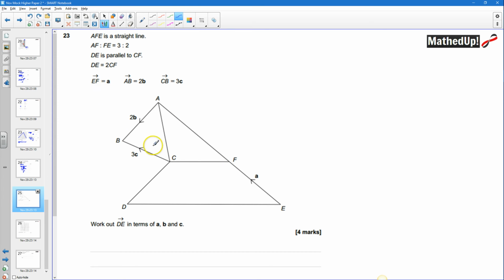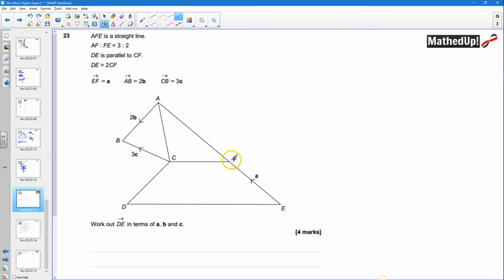And then we're told that EF is the vector A, AB is the vector 2B, CB is the vector 3C. We need to work out DE in terms of A, B and C.